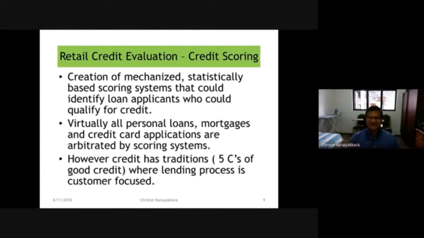They will transfer salary or whatever, and want some money in advance to buy something. Credit cards, housing loans, those are retail products.